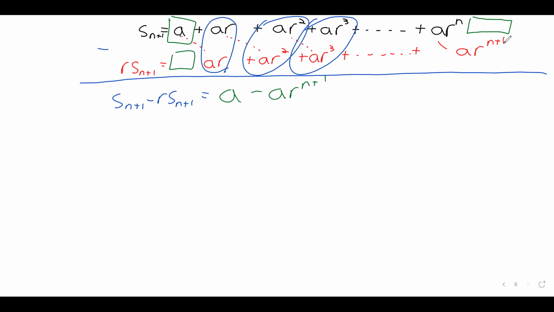And now we do algebra. S sub n plus 1 times 1 minus R is A times 1 minus R to the n plus 1. I'm factoring something out of both sides.